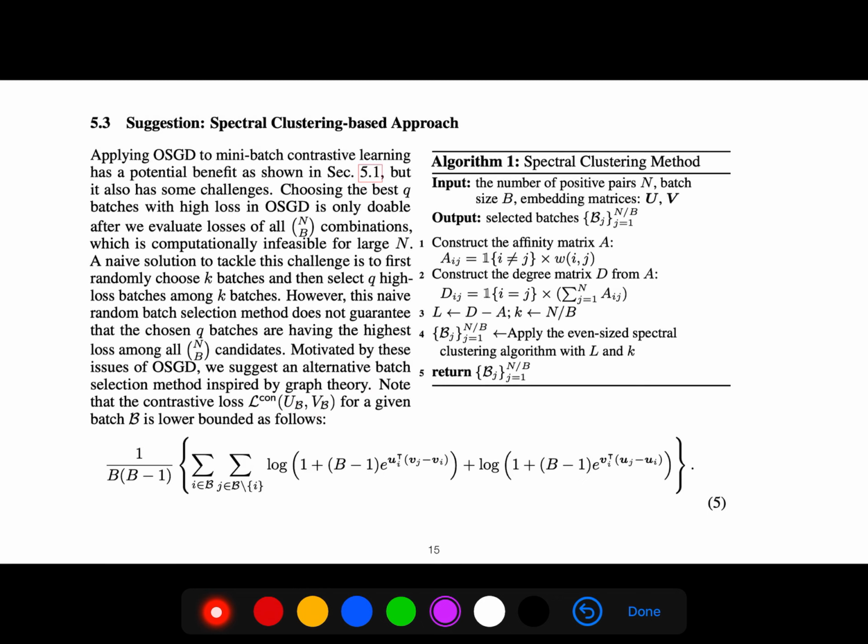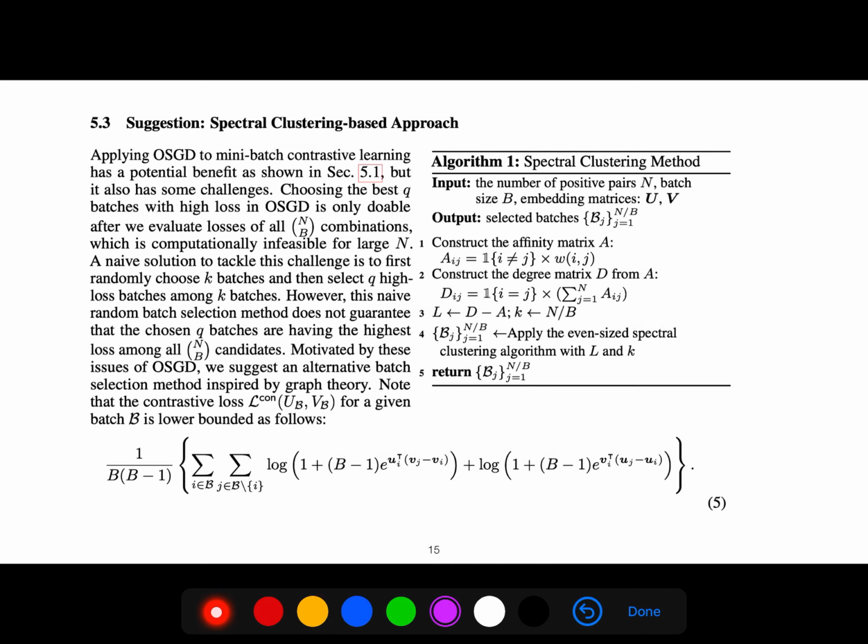So for the main algorithm, first we get some number of positive pairs, we fix batch size B, and then we have embedding matrices U and V. The output of this algorithm is just the selected batches. How does it select these batches?